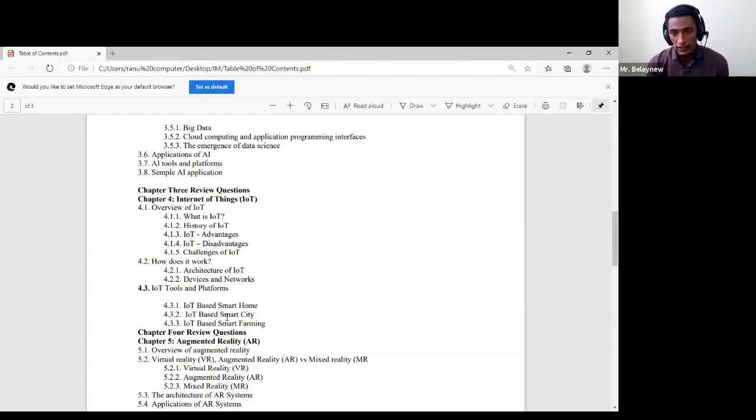It is possible to identify them. So the main problem with this IoT, or internet of things, is the privacy problem.